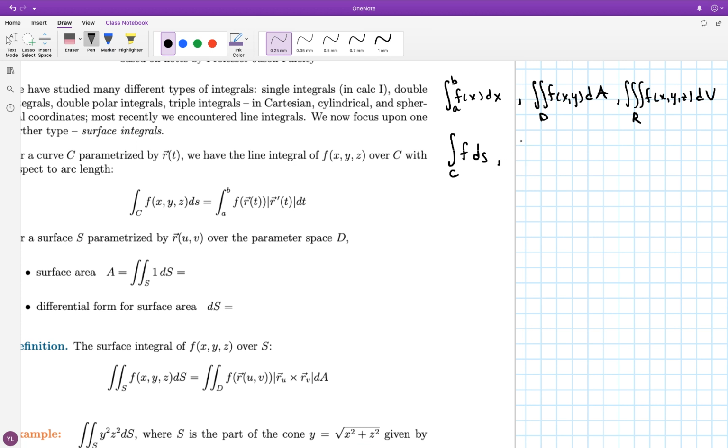So for example, one specific case of a line integral with respect to arc length would be the integrand resulting from taking a vector field and dotting it with the unit tangent of the curve C. And as we know, this produces an integral that measures the circulation of F along C, or in certain interpretations, the work done by the vector field along C.